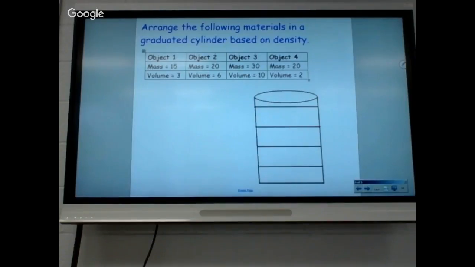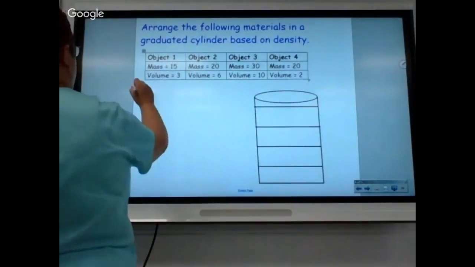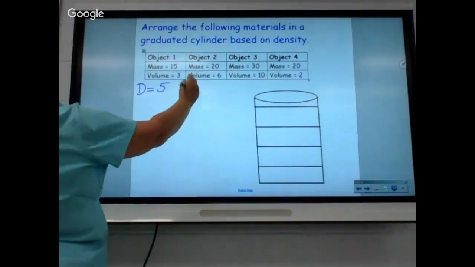We have to figure out which object goes in which slot. Uh-huh, you did. So what are we going to do to figure out what object goes in which slot? Figure out the density. Okay, so we're going to figure out the density of each. So, the density of object 1 would be what? Okay, density is 5 here.